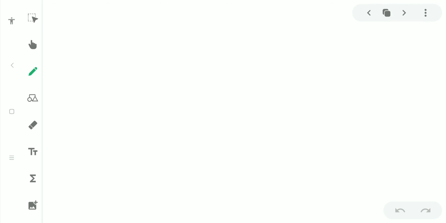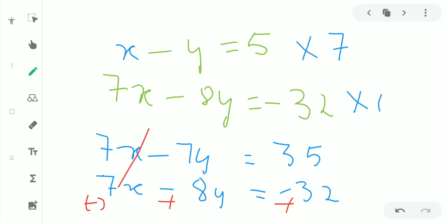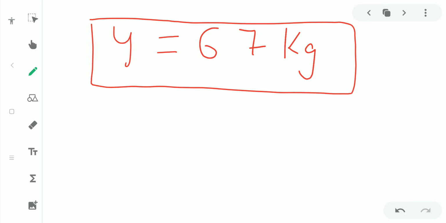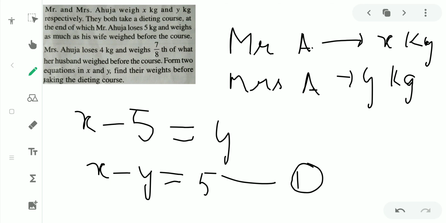So we are getting y is equal to 35 plus 32, nothing but 67 kilograms. So Mrs. Ahuja weighs 67 kg before taking the dieting course.